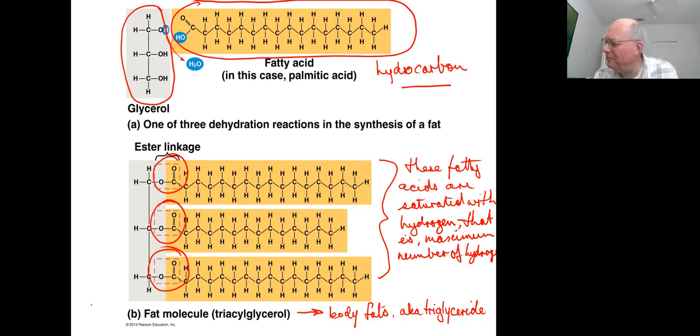Maximum number of hydrogens. I'll just leave it at that for the moment, I think. I was going to add something else in there, but I think I'll just leave it as that for now.